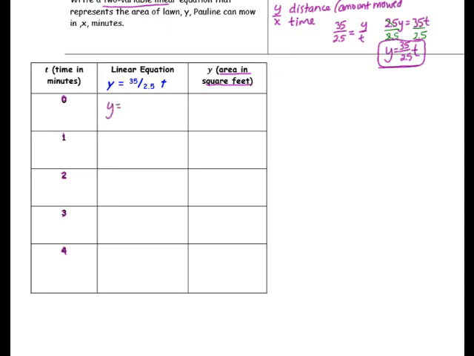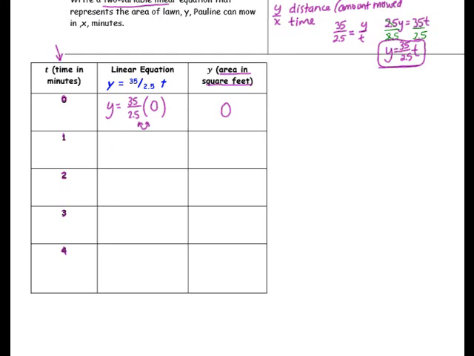Y equals 35 over 2.5 times the value of t. And t is from this column in our table, which is 0 minutes. So you multiply these two values and get your amount mowed. And the answer is 0. Does that make sense? In 0 minutes, you mow 0 amount of lawn.